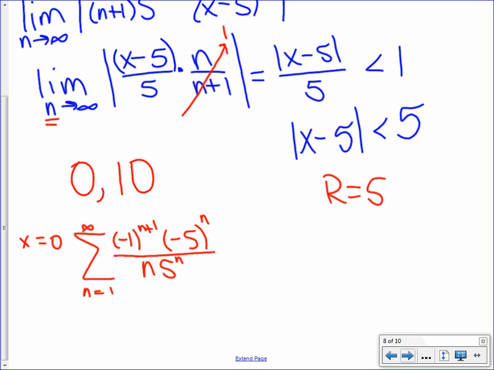Negative 1 to the n times 5 to the n. Now, let's talk about what happens. These can cancel, right? And we can combine the negative 1 to the powers.